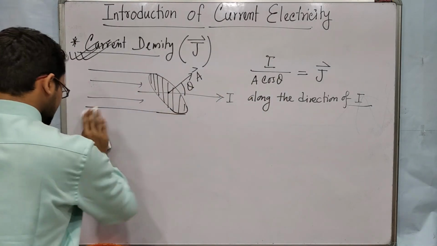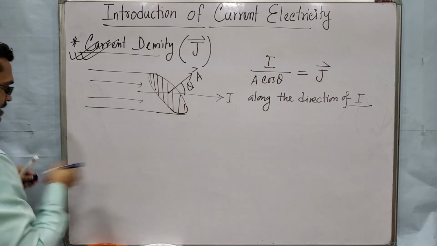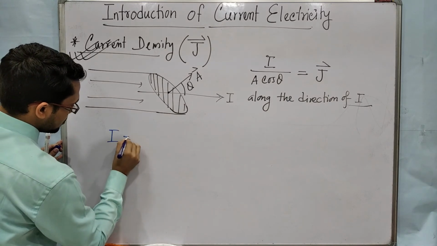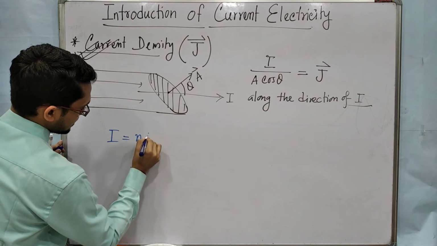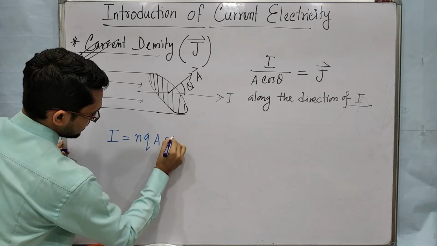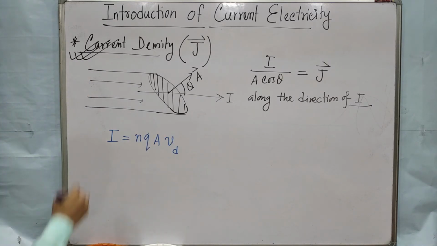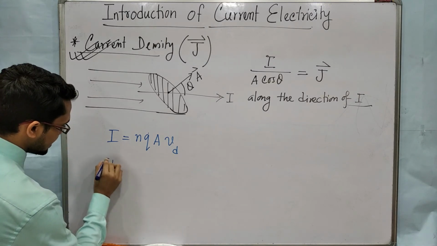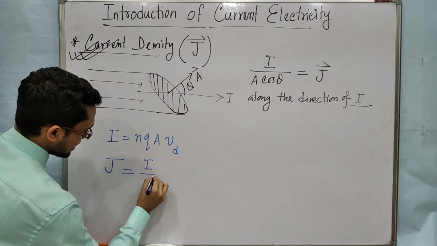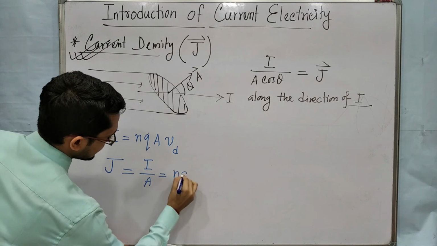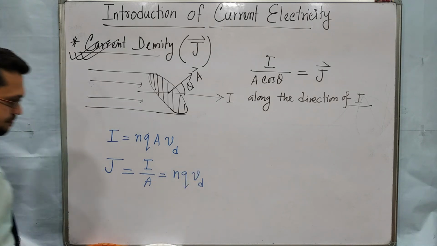And one equation I had written for current, that is I equal to N Q A VD, the drift velocity. So here also you can find current density, that is J equal to I by A. So we will get N Q VD.